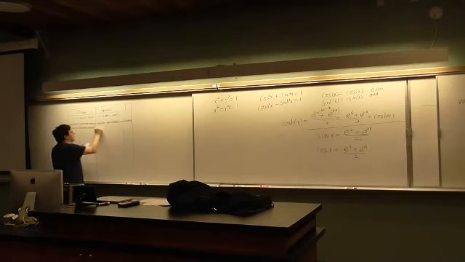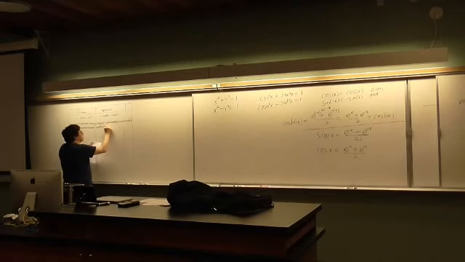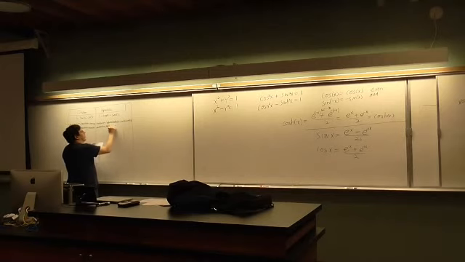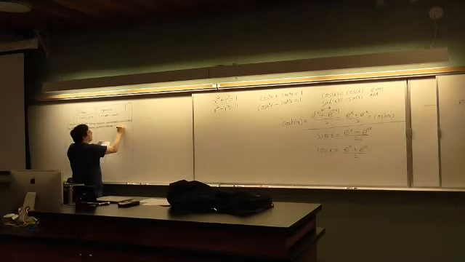And it turns out in this case, for the hyperbolic sine, it's exactly the same: hyperbolic sine of x plus y is hyperbolic sine x, hyperbolic cosine y, plus hyperbolic cosine x, hyperbolic sine y.